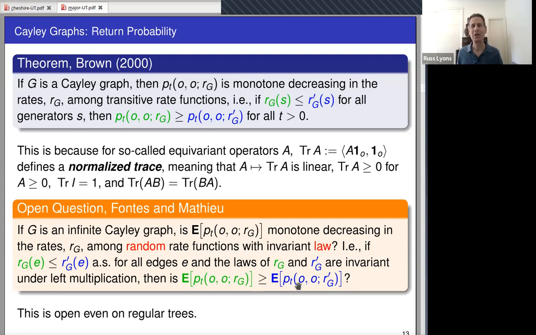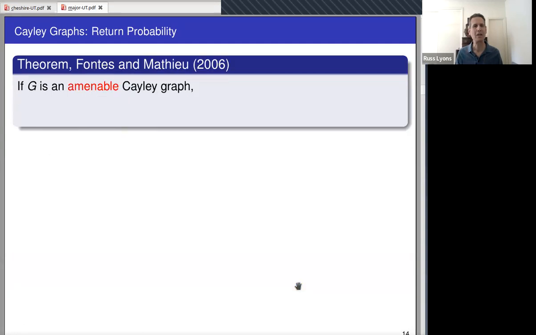Well, there are some things that are known about this as well. Fontes and Mathieu asked this because they also had a theorem in a special case: if G is amenable. So what does it mean to be amenable? It includes finite. If amenable is like Z to the D, there are arbitrarily large finite sets whose boundary is small compared to the size of the set. In other words, the size of the boundary divided by the size of the set goes to 0 as you take some sequence.